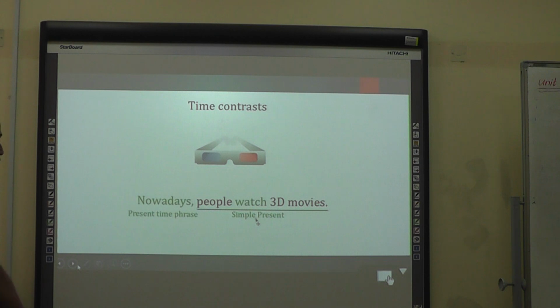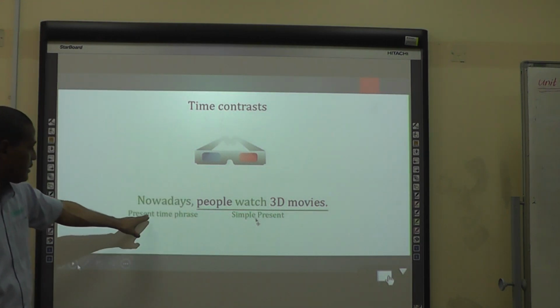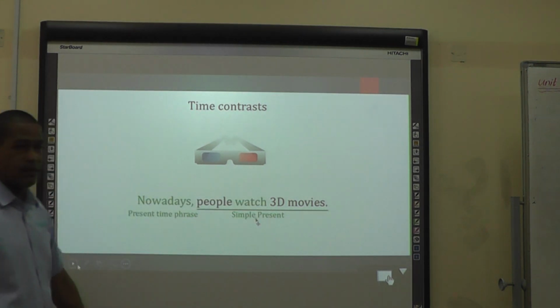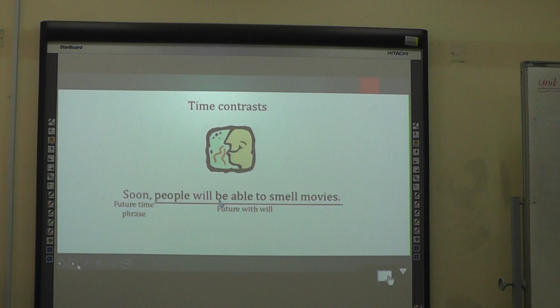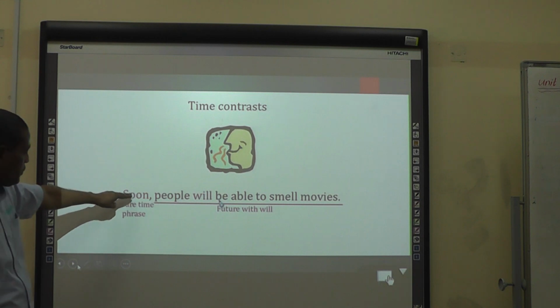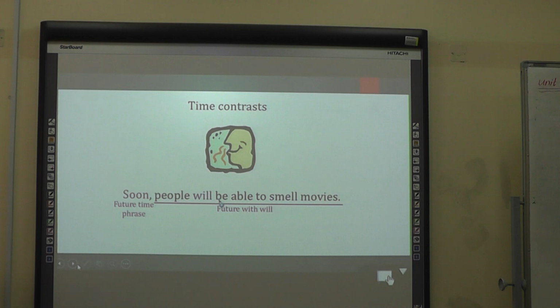The second example, nowadays people watch three-dimensional movies. So here, this is a present time phrase. So here, we use the simple present. While in the third example, soon people will be able to smell movies.